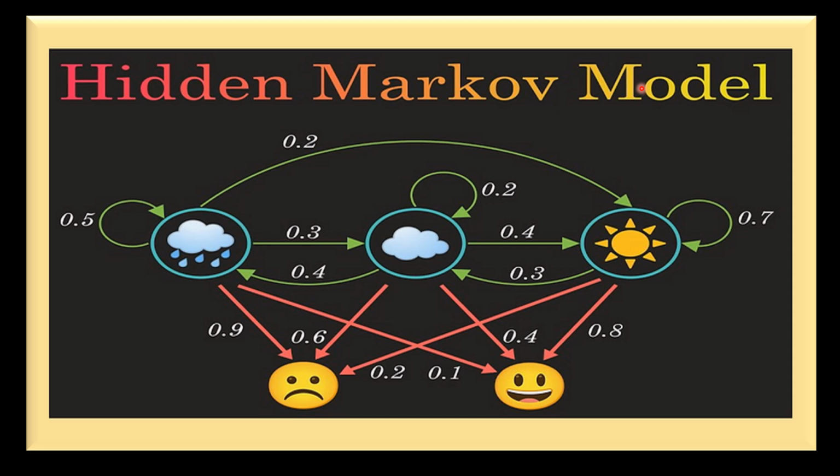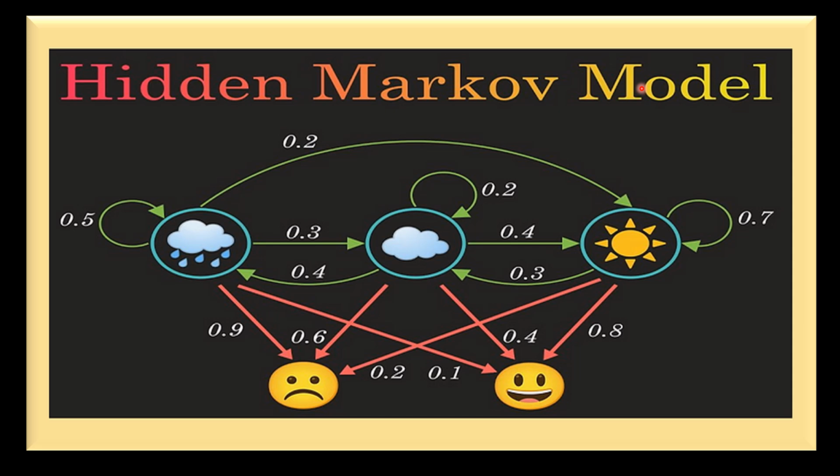A hidden Markov model consists of components like a set of states. Well, these are the unobserved underlying states that the model is trying to infer. In many applications, the states represent different situations, conditions, or categories. Then comes a set of observations. Now, a set of observations are measurements or outputs that we observe directly. For example, in speech recognition, the observation may be the acoustic features of a speech signal.